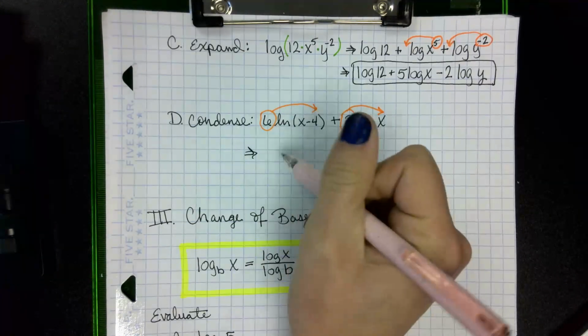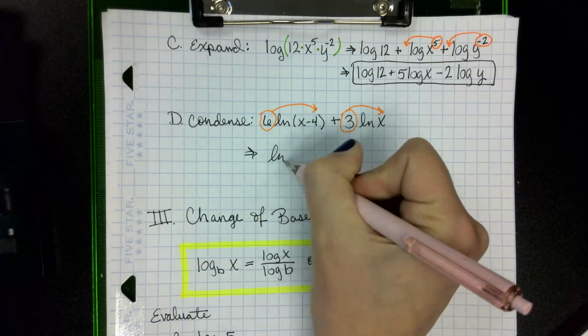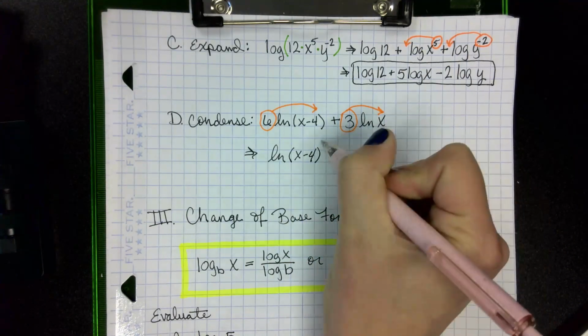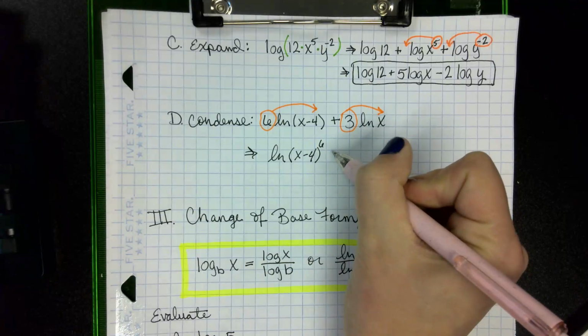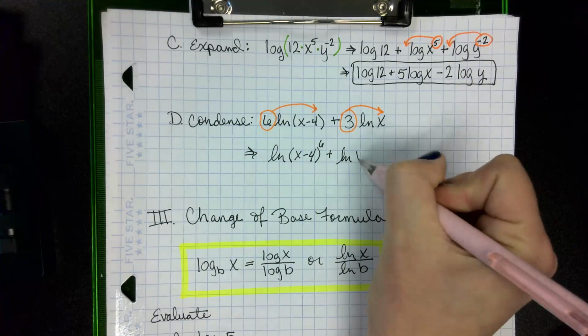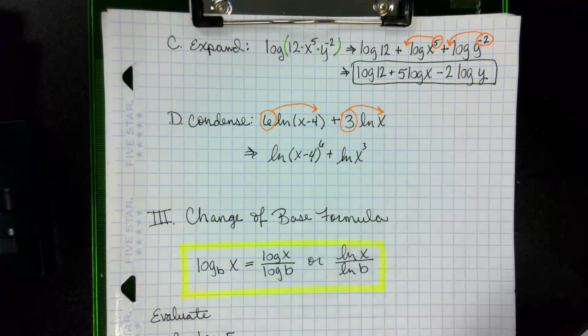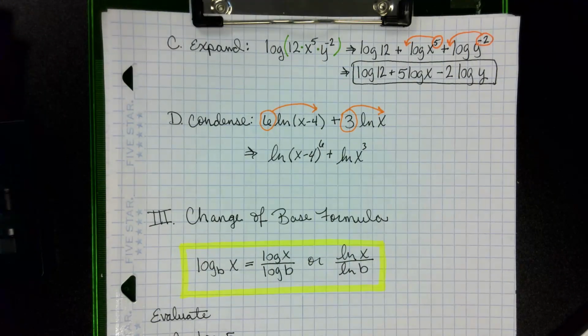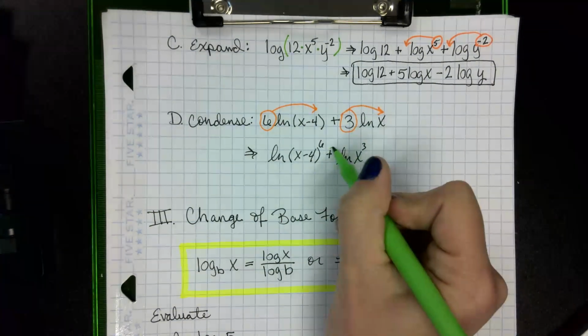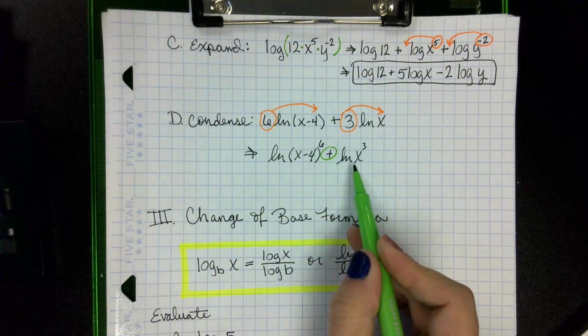All right, so we have the natural log, ln, parentheses, x minus 4 raised to the 6th power plus the natural log of x to the 3rd power. So we did the product rule in reverse. And now we have a log, the natural log, so log base e, plus another log, and it has the same base.